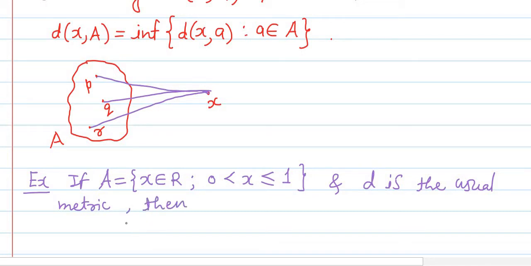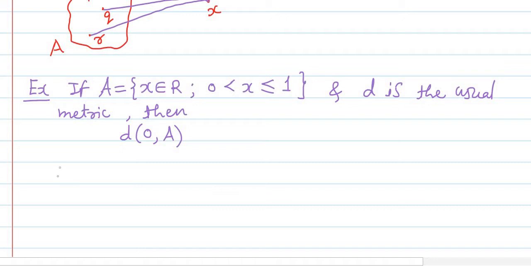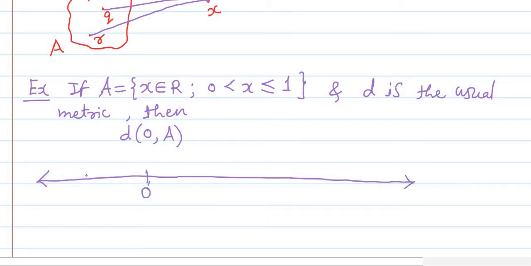Then we'll consider the distance of point 0 from the set A, and for that purpose I am drawing a diagram. Suppose this is the real line. On this real line we have 0 here. Suppose here it is minus 1, and suppose this is 1.